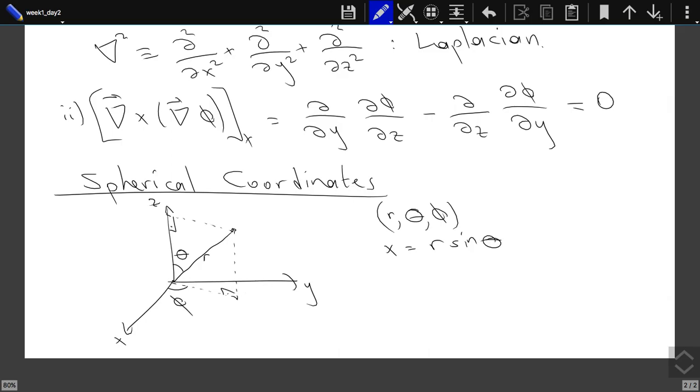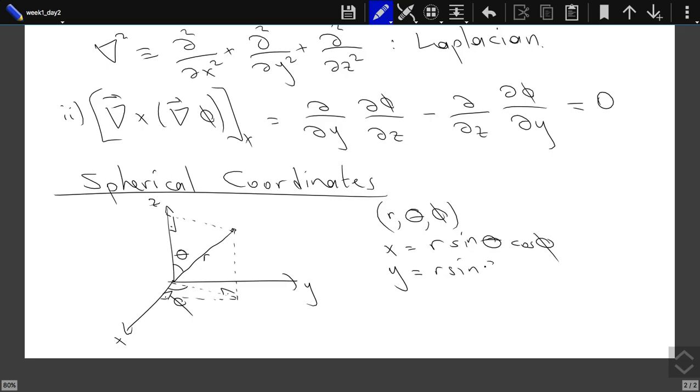So if you imagine this right triangle over here, r times sine theta is the hypotenuse of this right triangle. If you multiply it with cosine phi, you get this length, which is the x-coordinate.